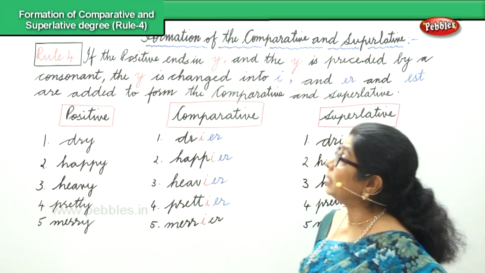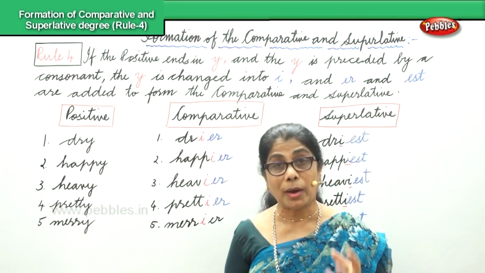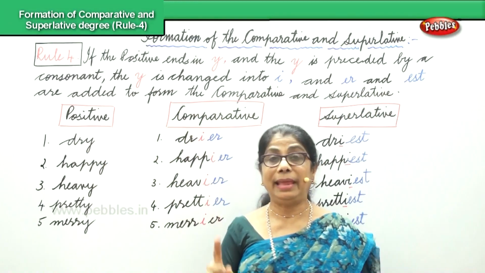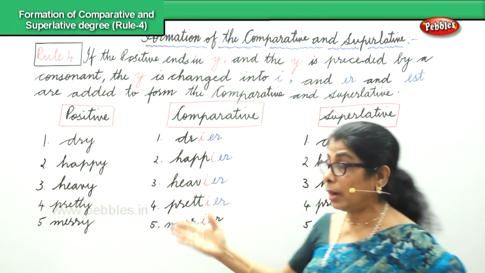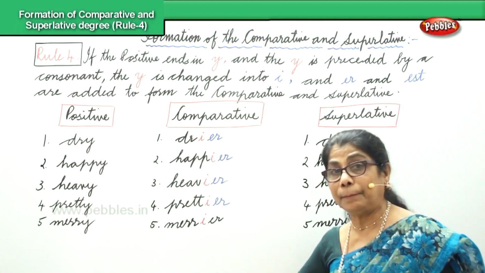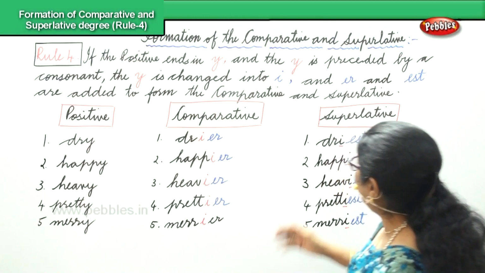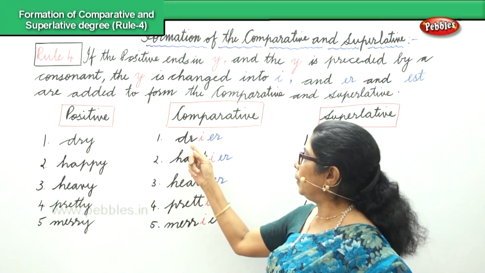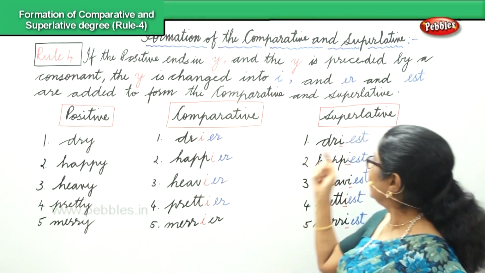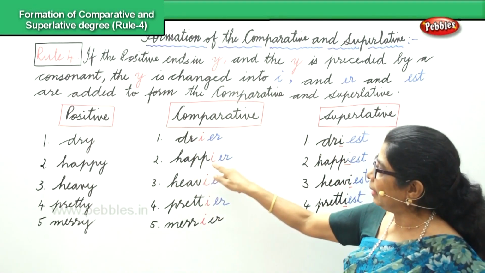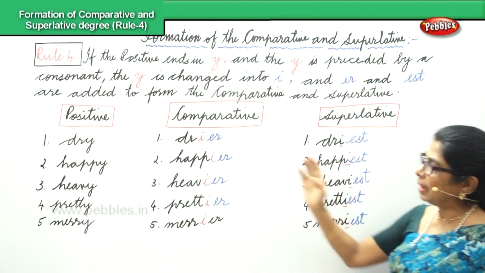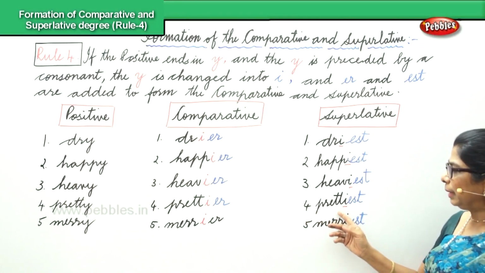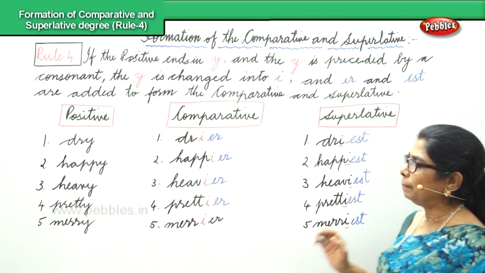The rule number 4 says, if the positive ends in Y and it is preceded by a consonant, then the Y is changed into I and add ER for the comparative, Y is changed into I and add EST for the superlative. Dry, drier, driest; happy, happier, happiest; heavy, heavier, heaviest; pretty, prettier, prettiest; merry, merrier, merriest.